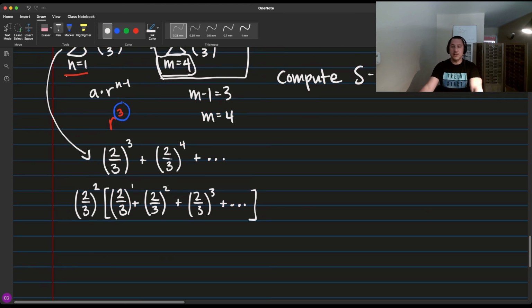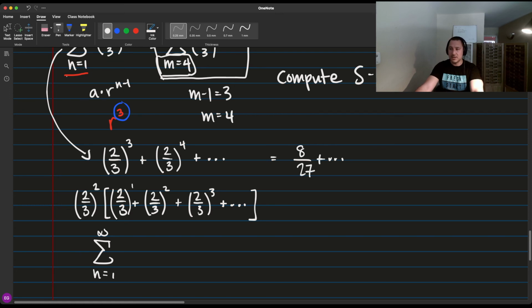So what that's showing you is that you could rewrite it as the sum where n equals 1 to infinity of your first term would be... what is 2/3 to the third? Let's rewrite that. 2/3 to the third would be 8. What's 3 to the third? Is it 27ths? Thank you.